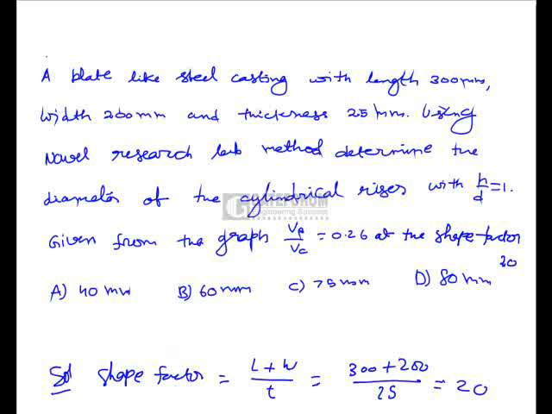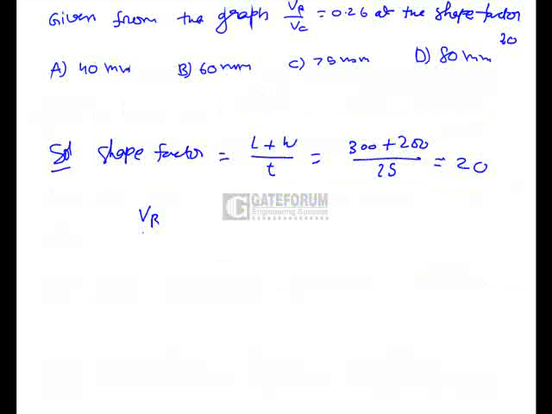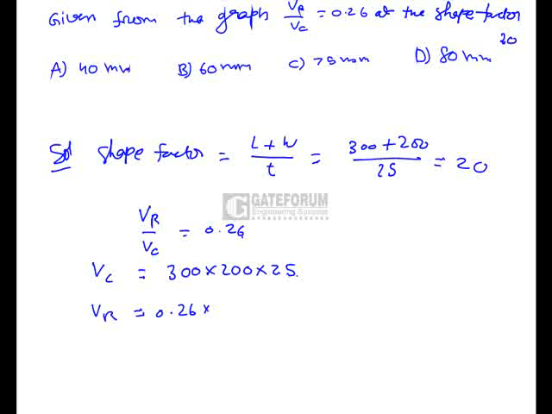So here at the shape factor 20, VR by VC is equal to 0.26, and here VC is equal to the volume of the casting, 300 into 200 into 25, and here volume of the riser is equal to 0.26 into this VC, which gives a value of 390 into 10 cube mm cube.